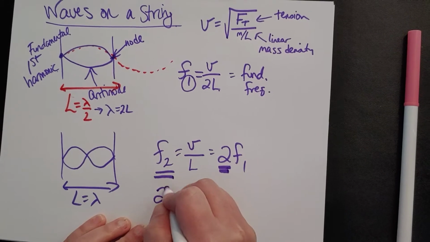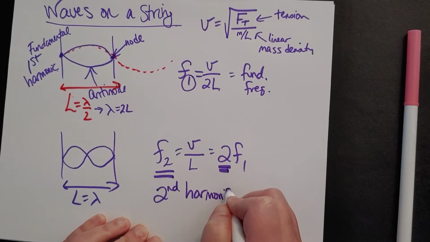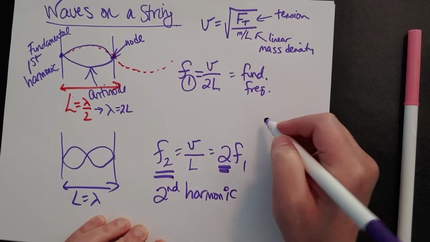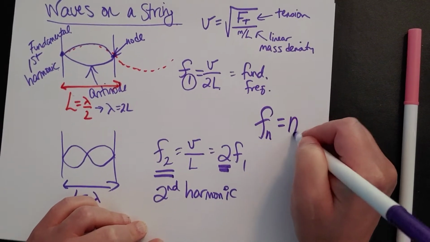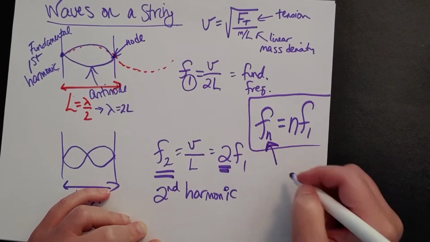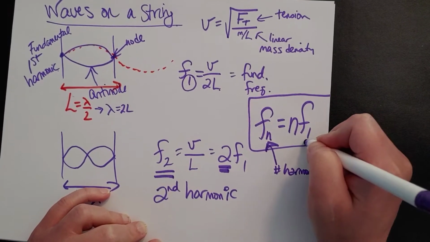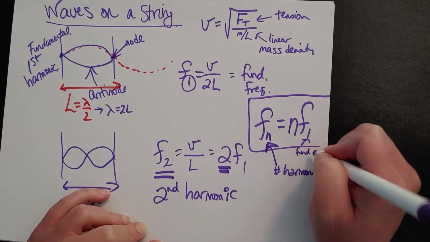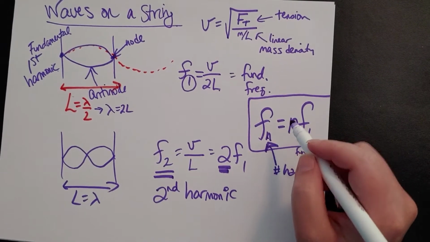This is the second harmonic. And here it is: n is the number harmonic, and that's the fundamental. And then that's just the integer that corresponds to the number harmonic.